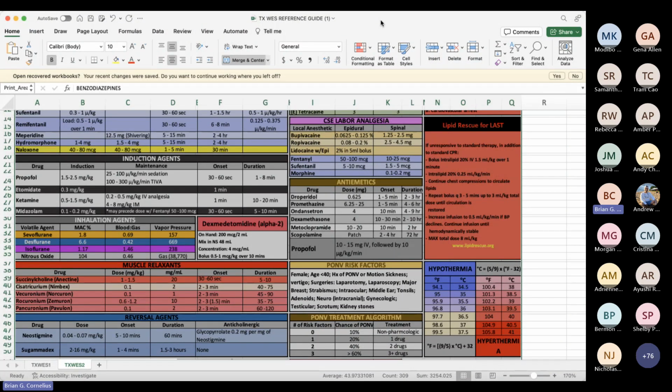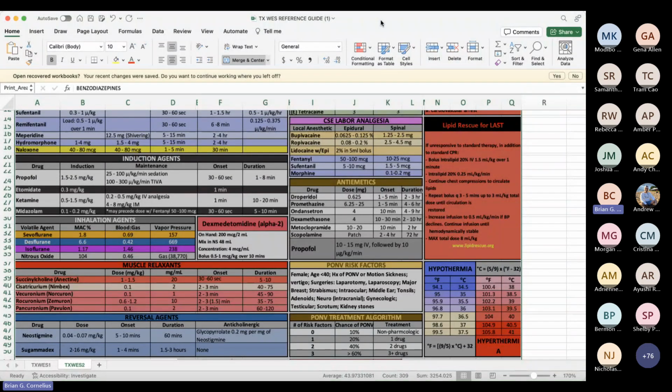All right, so we give our Toradol, and now we need to reverse our neuromuscular blockade. So if she weighs 70 kilograms, how much reversal are we going to give her? Okay, so this is that 4.9 milligrams of Neo I was talking about.